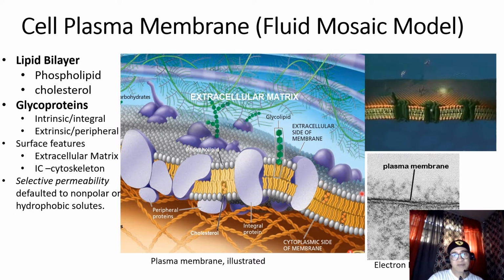So that's the phospholipid heads there, and the fatty acid tails of the phospholipids face each other to form a hydrophobic zone. Now, because of this hydrophobic zone, the plasma membrane is therefore impervious to small polar molecules, and the lipid bilayer is defaulted to allow passage only of small non-polar molecules, as the middle layer of the lipid bilayer is made up of non-polar zone.